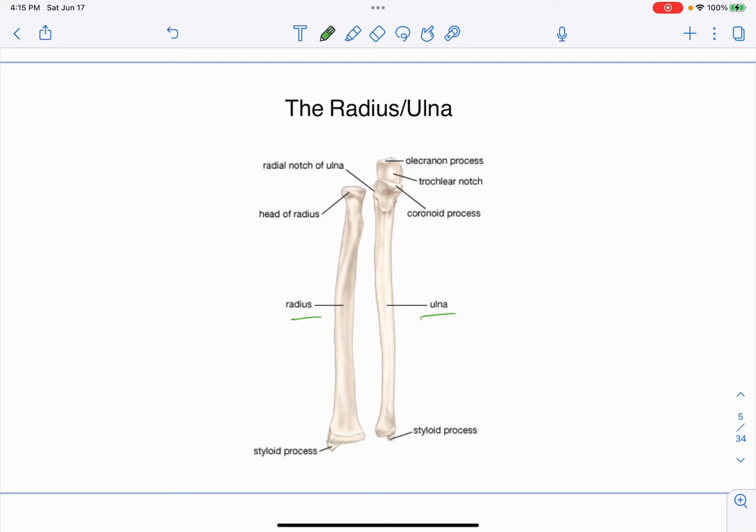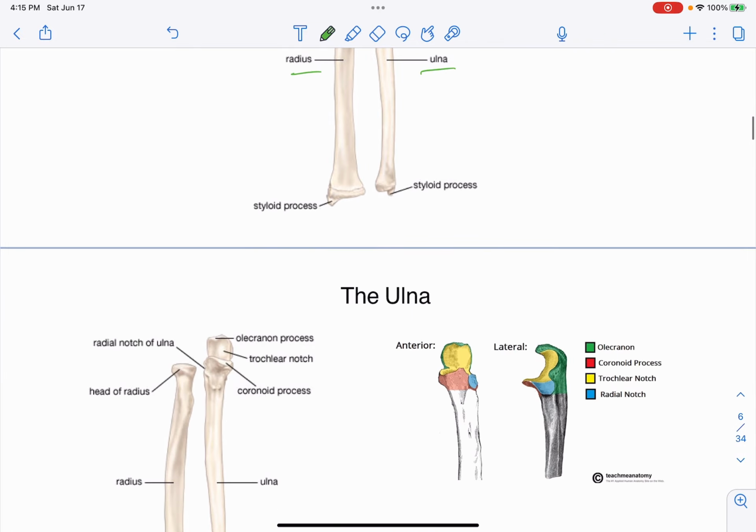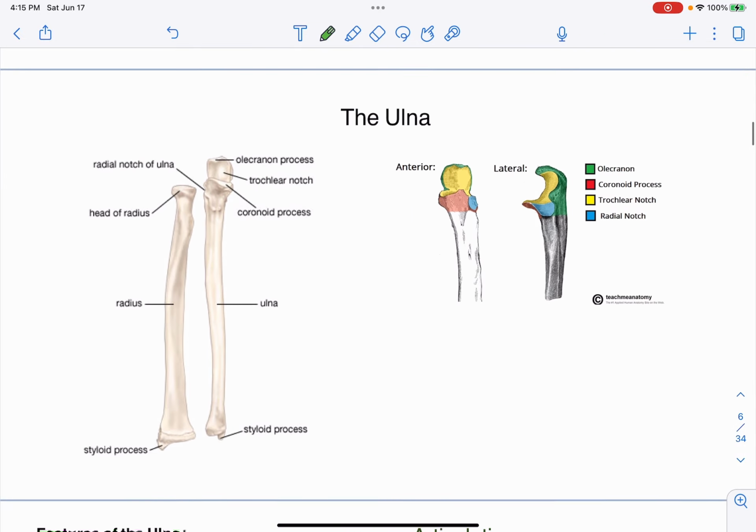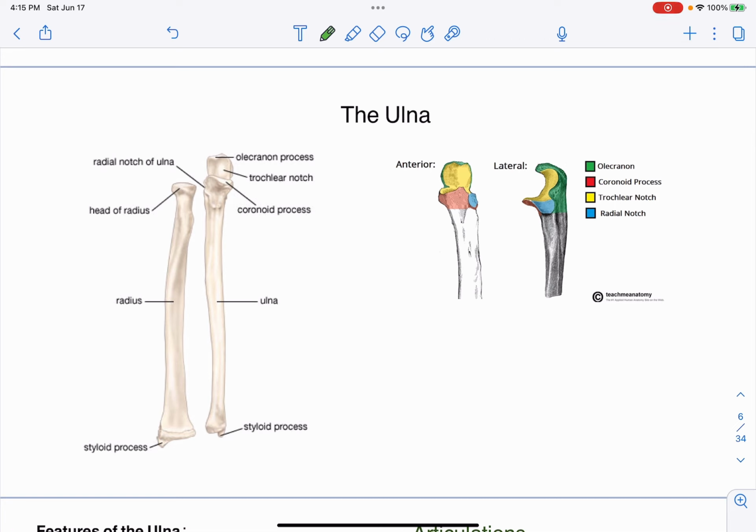And I want to first focus on this proximal end of the ulna and talk about a lot of these features. And I found another slide from Teach Me Anatomy that has these features color-coded. So I think I'm going to work off of that slide because there are some important features here. Remember that this region is what is going to be forming the elbow joint.